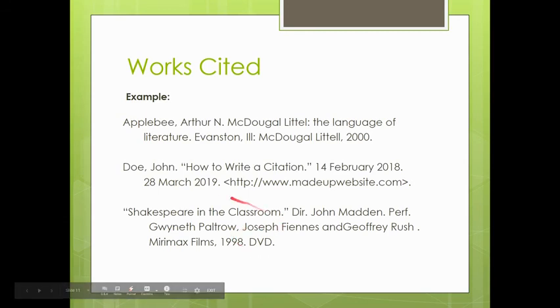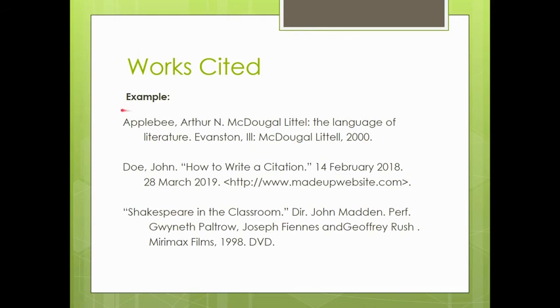Okay, so what I want to point out about the Works Cited page is these are in alphabetical order, starting with whatever word comes first. Usually that's a last name of either the author or the publisher. In this case, Shakespeare in the Classroom being a video, it starts with the title. But whatever word comes first, Appleby, Doe, Shakespeare, you are putting that in alphabetical order.